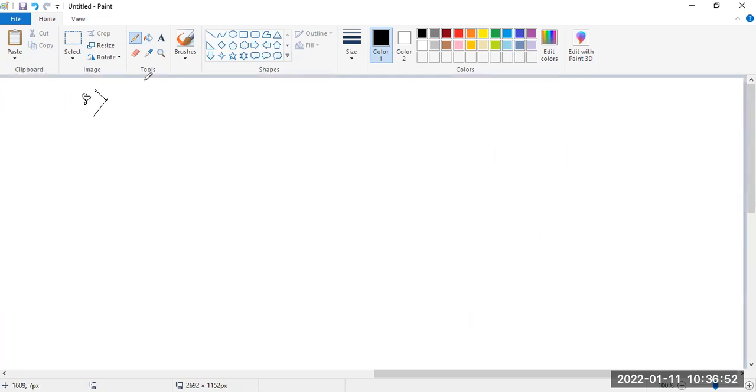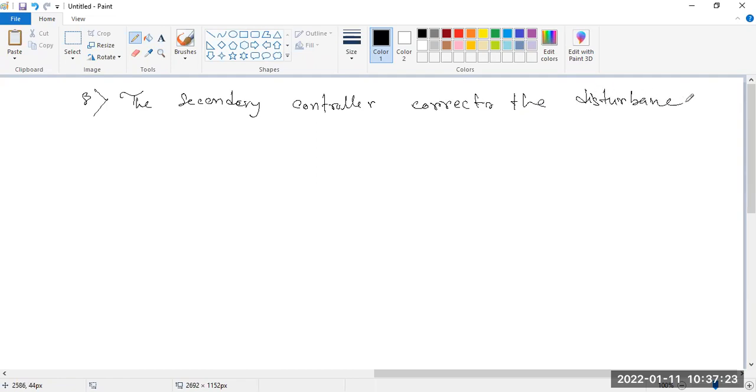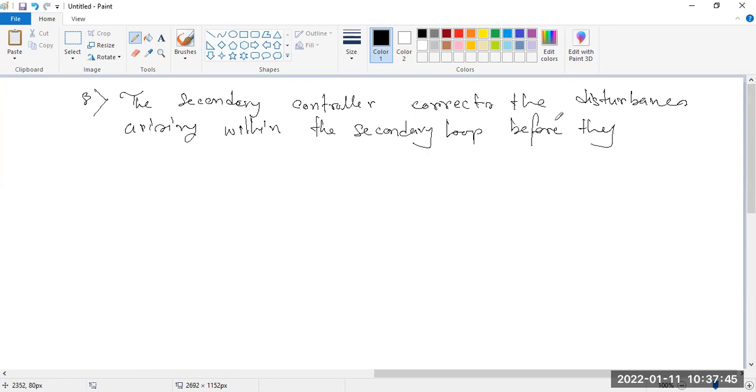And then the 8th point is the secondary controller corrects the error arising within the secondary loop before they affect the primary variable.